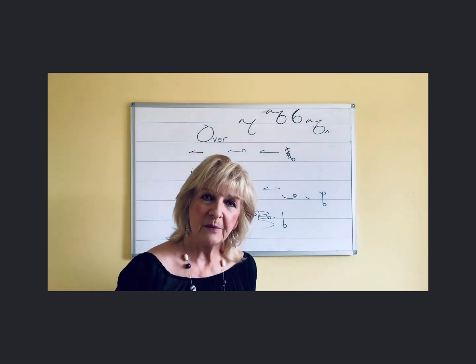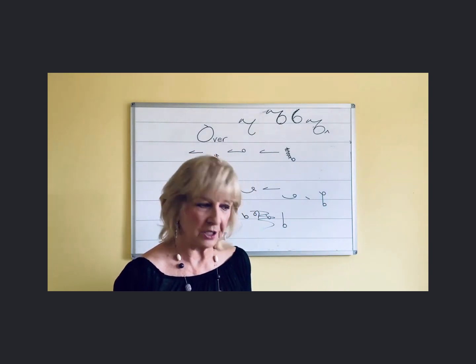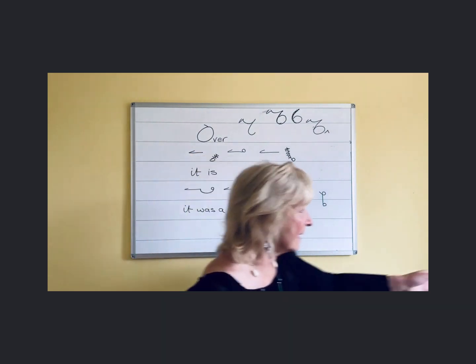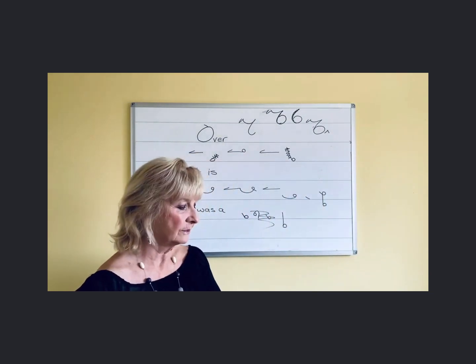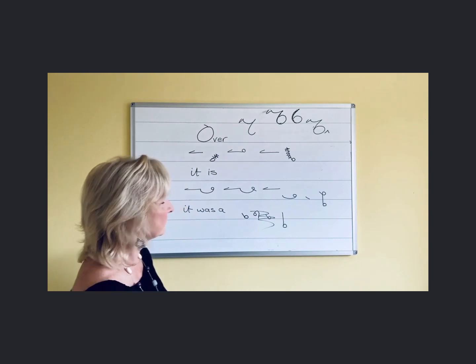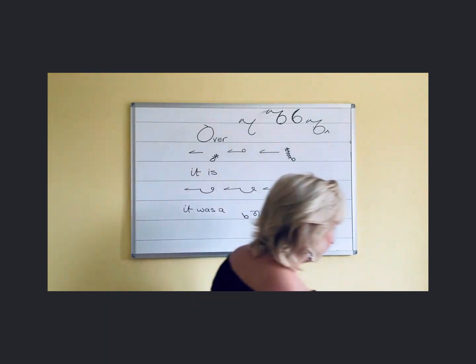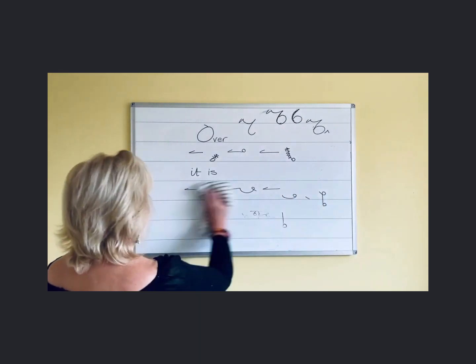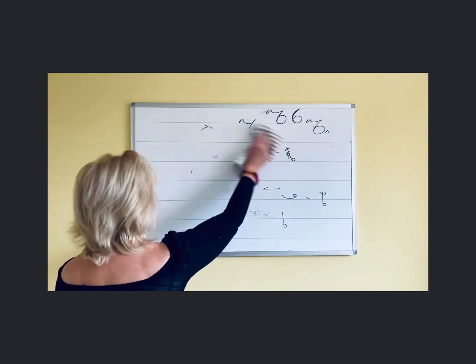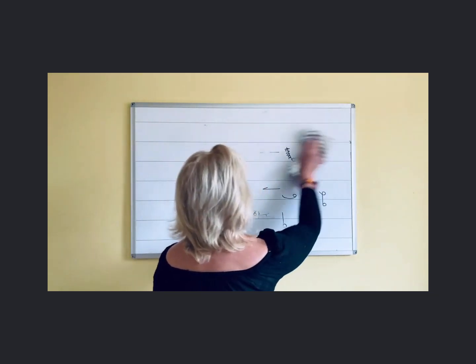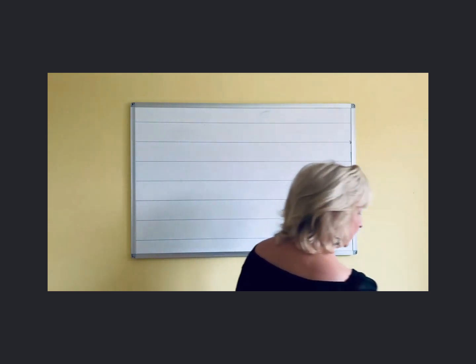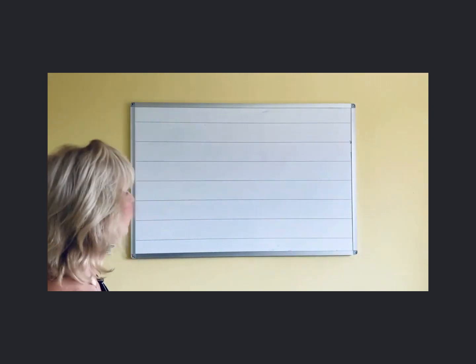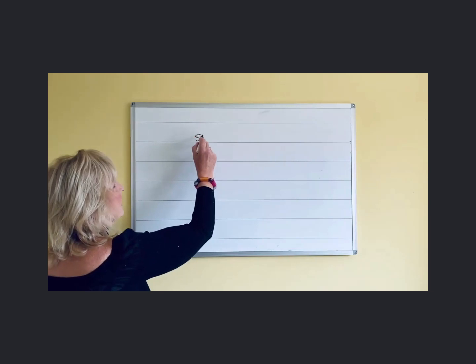Let's see how many times we can write I will be able to in 10 seconds. I've got the watch. Have a go. Ready? Go. Stop. Right, count up how many times you've written I will be able to. That's 5 words.